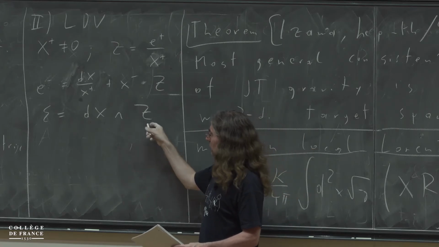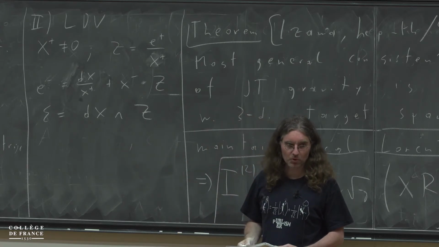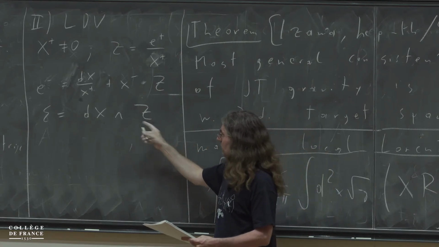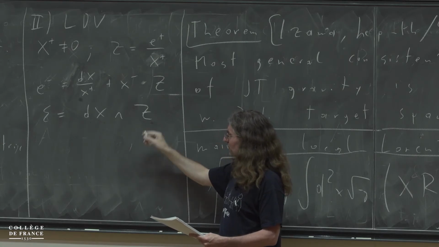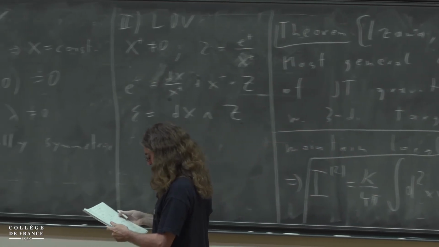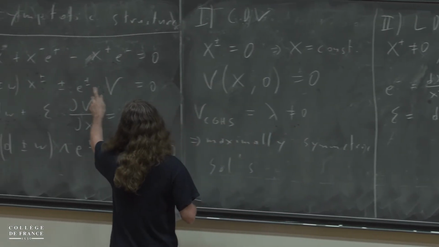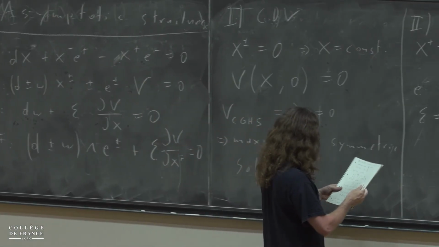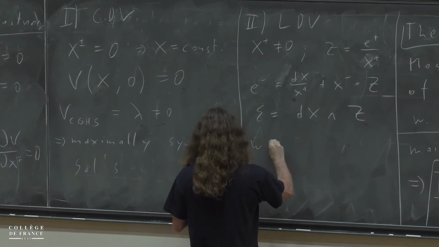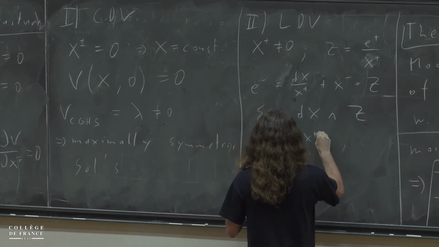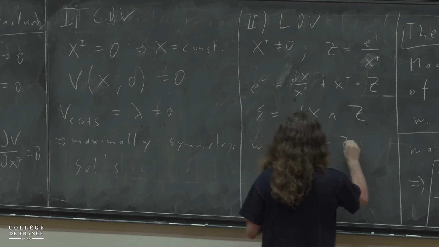And then we just have to figure out what other coordinate to use. So we would like to integrate this one-form Z if possible. The second equation yields an equation for omega. So omega is minus dX plus divided by X plus minus Z times V.